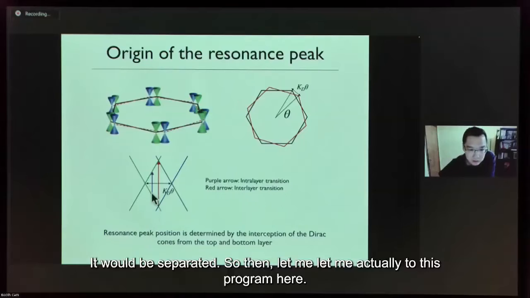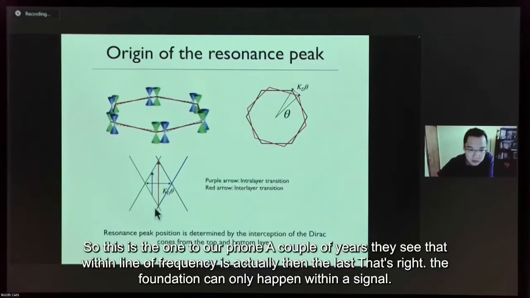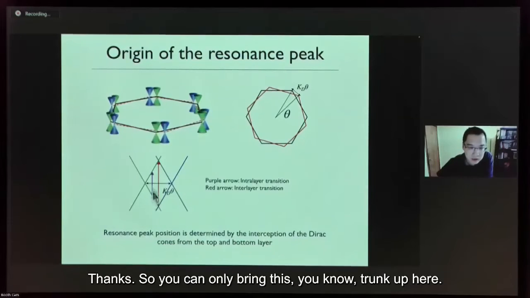When the light frequency is smaller than this, the transition can only happen within the same layer. So it can only bring this electron to here, or this electron to here. But because you can only have intra-layer transitions, the electron wouldn't know it lives in a chiral environment.